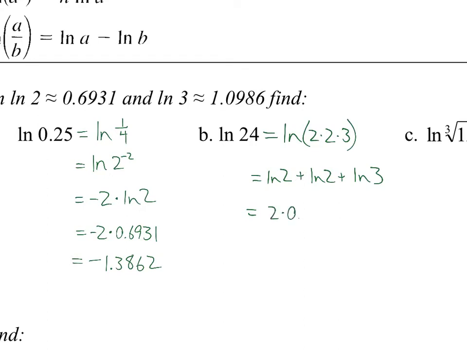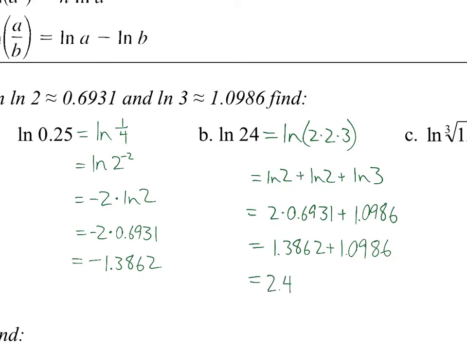So 2 times that, 0.6931, plus the ln of 3, 1.0986. And I can figure that out. 1.3862 plus 1.0986, and I get 2.4848.